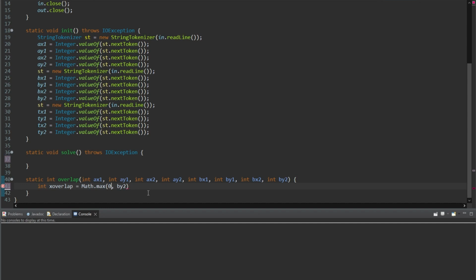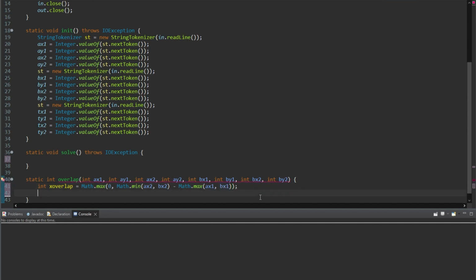But in order to calculate the overlap, assuming that there is overlap, we're going to use the formula we talked about. So Math.min of ax2 and bx2, minus Math.max of ax1 and bx1.